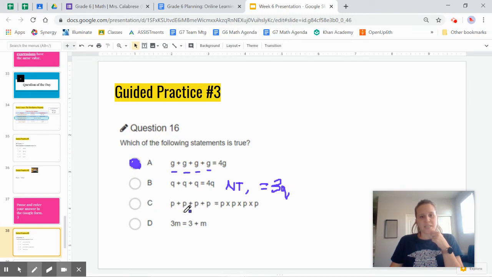Nope. This one is equal to 4P. And over here, this one is equal to P to the 4th power. So these are not equal.